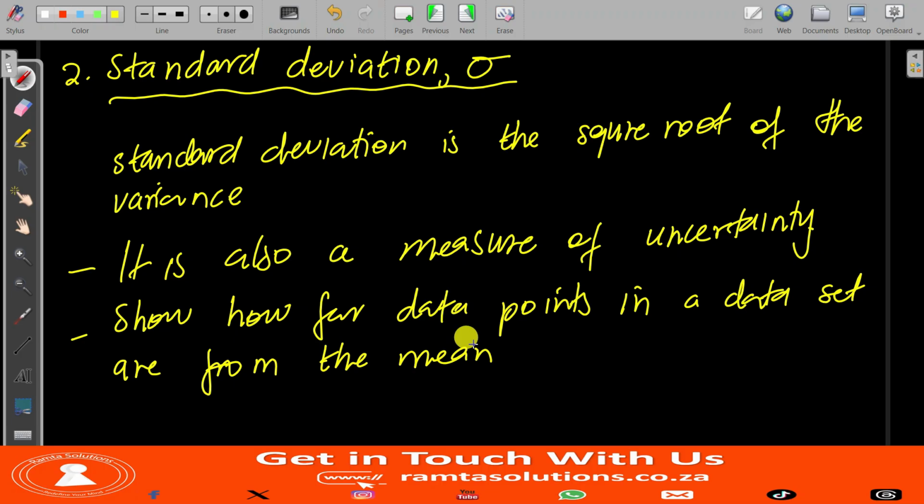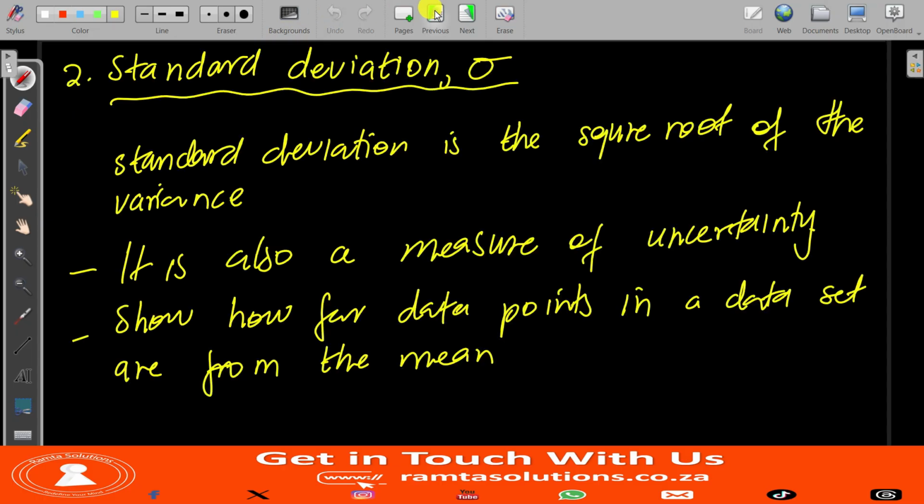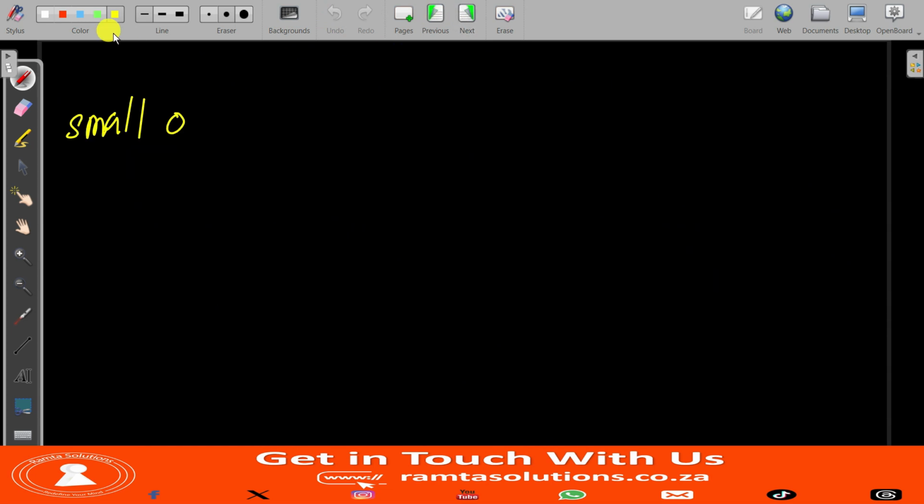So like we said about the variance, let's talk about the standard deviation. A very small or low standard deviation.